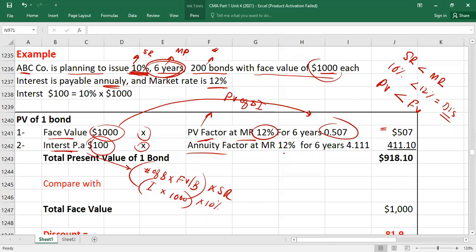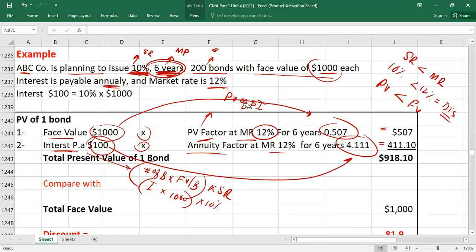And at which rate is this annuity factor? At the market rate, which is 12%. Again, you will go to the present value of ordinary annuity table. Look at 12% for how many years? For 6 years, you will find this factor there, 4.111. Understood? Now you will multiply the interest with the annuity factor, so you will get a present value.